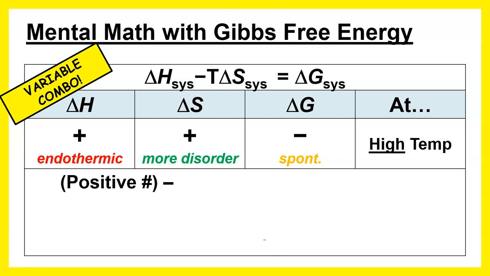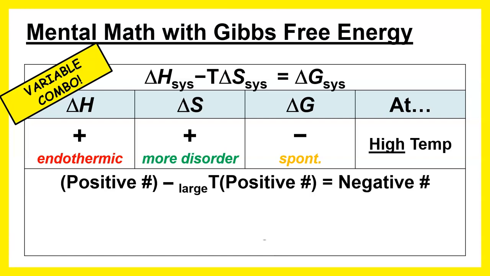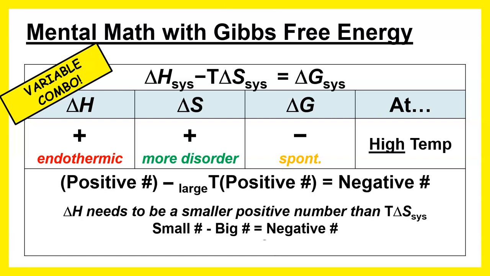I have a positive number minus a positive. Well, what circumstance would allow that to end up negative? Only if your entropy component is sufficiently big, right? You need a small number minus a big number to end up negative.